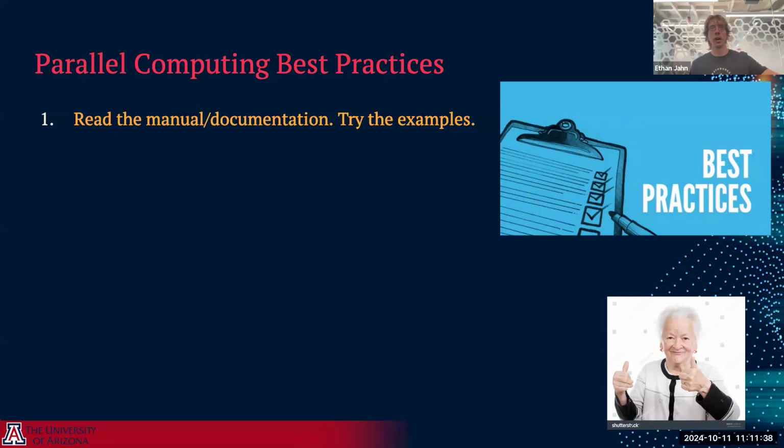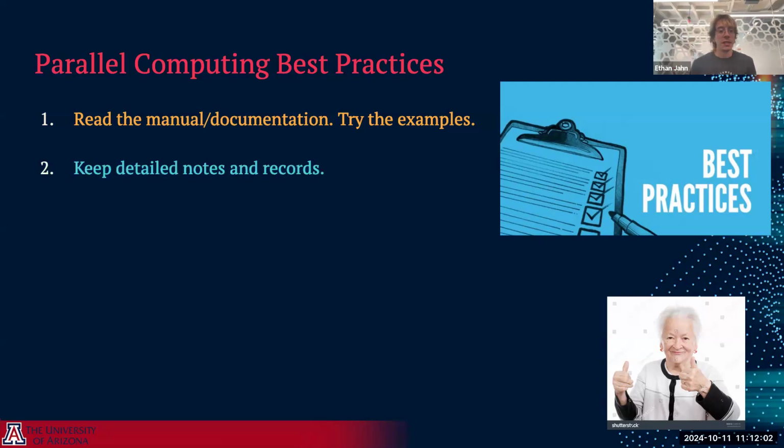So before trying to implement it in your research workflow, try out the examples, see how it works. I can't recommend this enough. It'll cause you much more of a headache down the road if you try to jump into complex parallelization techniques directly implemented in your research workflow without having read the manual or without having tried the examples.